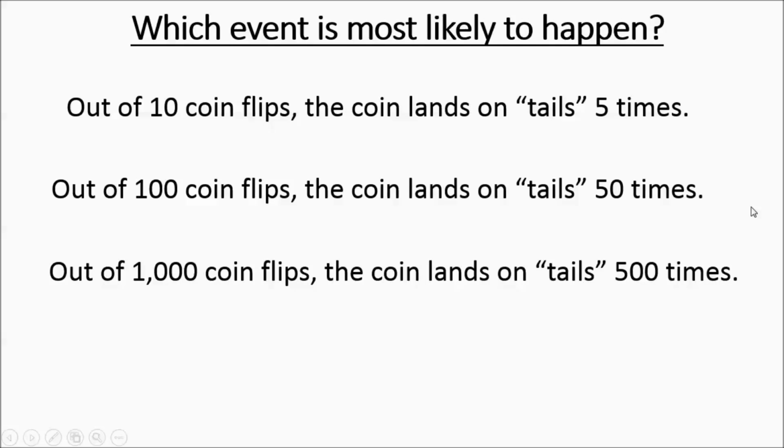Now, if you set these up, 5 out of 10 in lowest terms is a half. 50 out of 100 also works out to a half. 500 out of 1,000 also works out to a half. All of these work out to the same ratio.